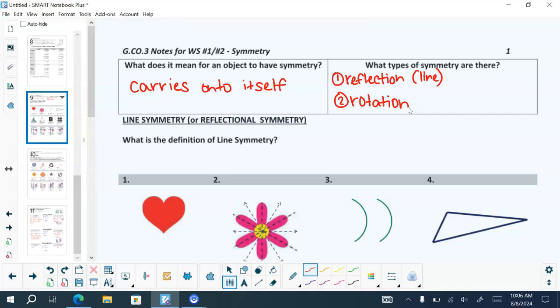All right, so the definition of line symmetry, getting a little bit more into the details here of that reflection symmetry. This means that you draw a line and the two halves match.